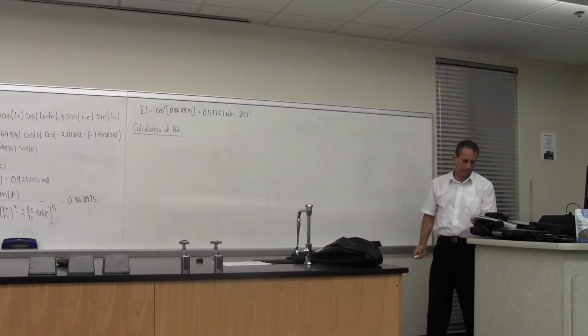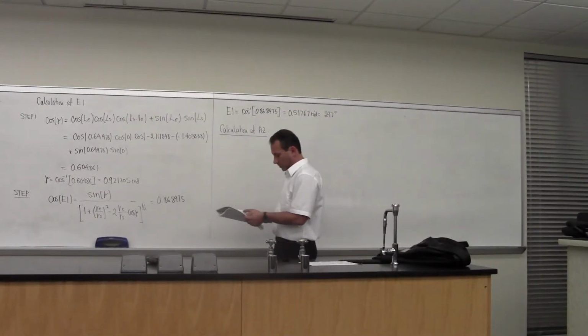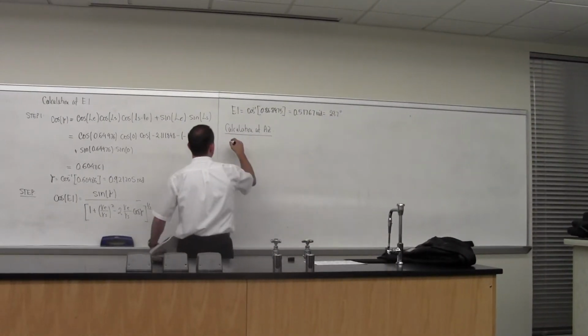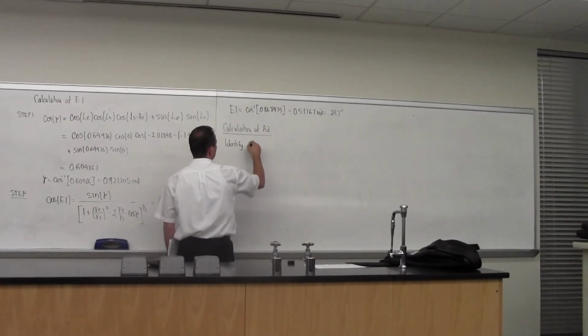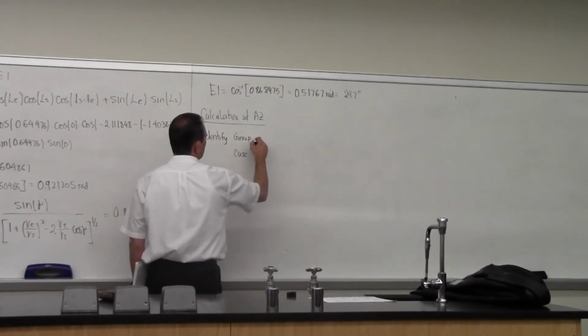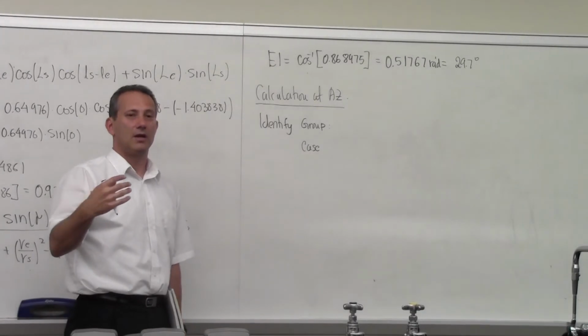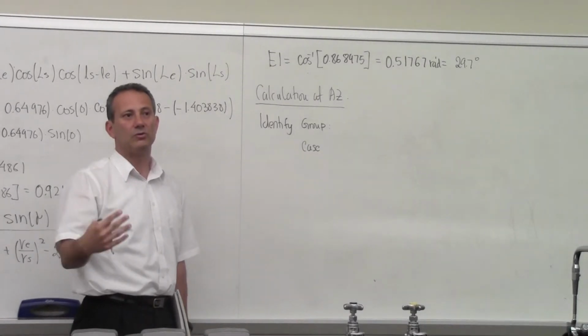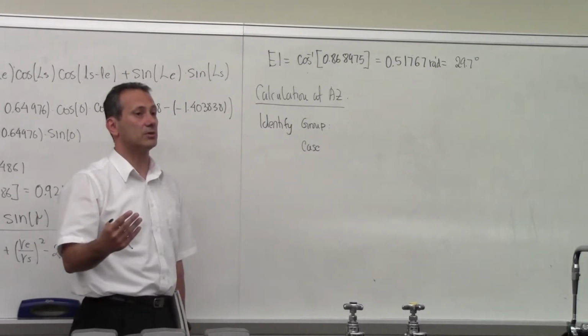So first, what I do here, I identify the group and case. You remember there are 8 possibilities, and we divide them into 2 groups depending on where the Earth station and sub-satellite points are.